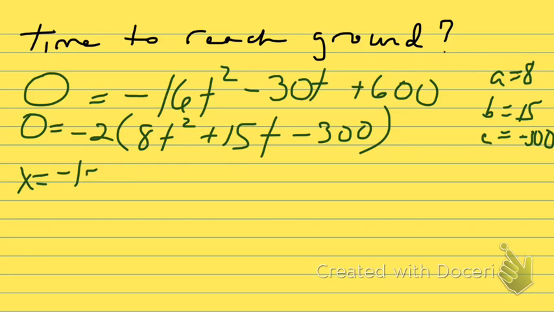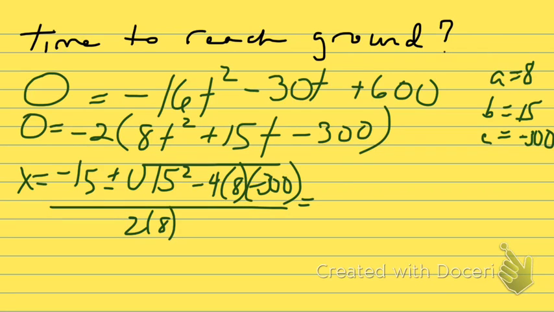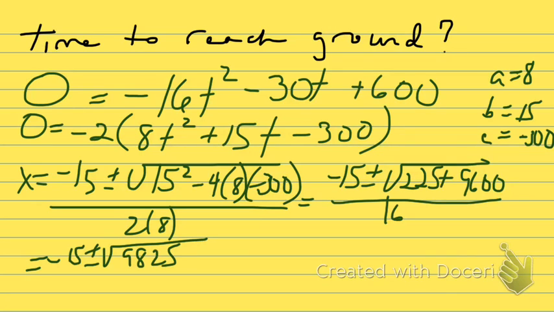The opposite of B, the opposite of 15, plus or minus the square root of B squared, that's 15 squared minus 4 times A times C, and it's all over 2 times A. That 15 squared gives us 225. A negative times a positive times a negative will turn out positive. 4 times 8 times 300 is 9,600. This is all over 16. That gives us plus or minus the square root of 9,825, all over 16.